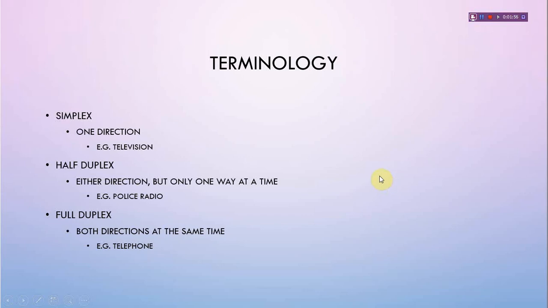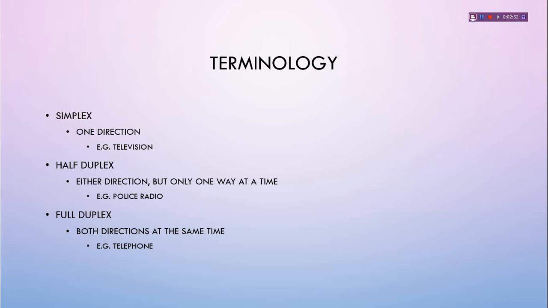Next, data transmission mode means in which direction the data flows. First is simplex. Simplex means the data flows in only one direction, from sender to receiver. The receiver only accepts the data and the sender only sends the data. Example, keyboard to monitor, meaning the data flows from keyboard to CPU, and the next example is television.